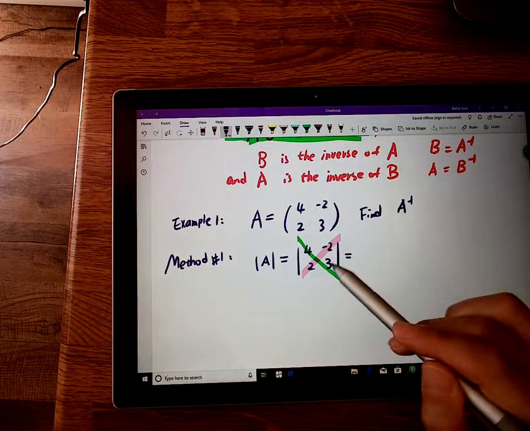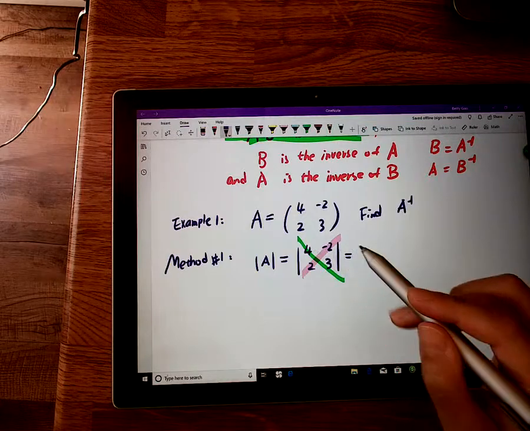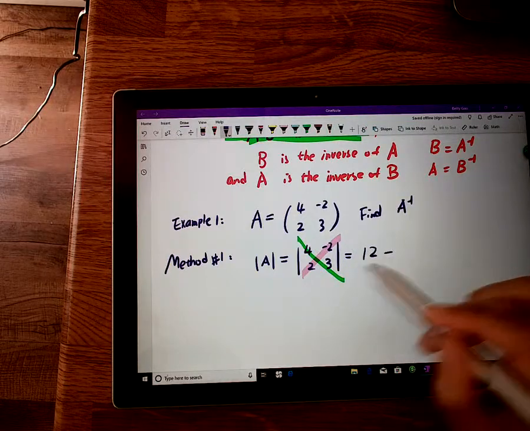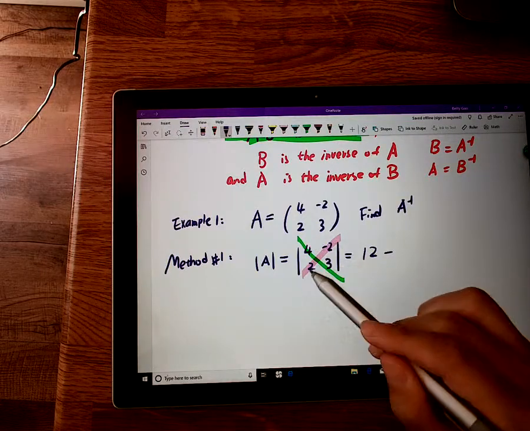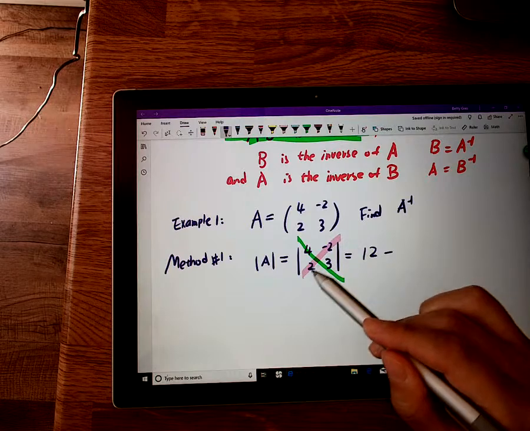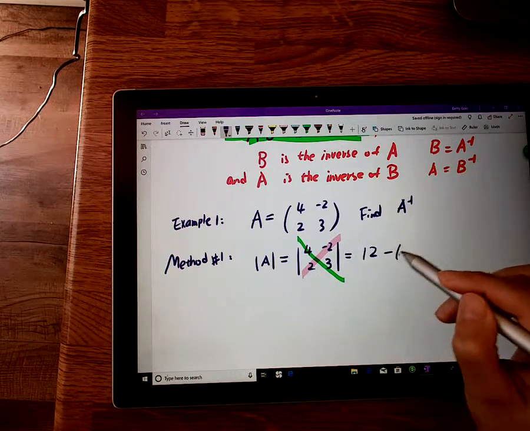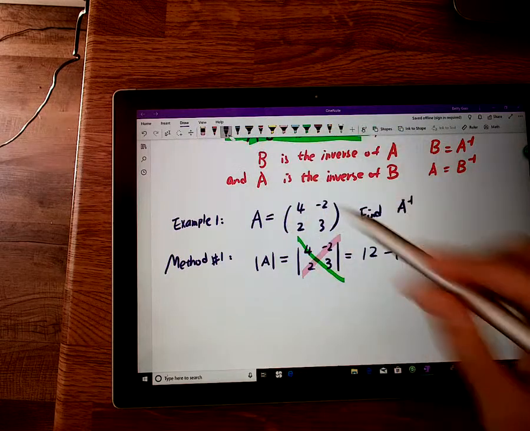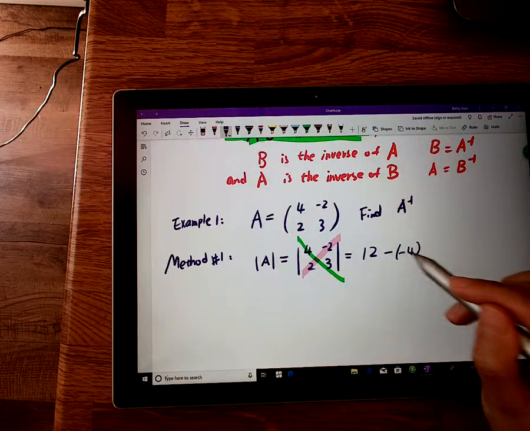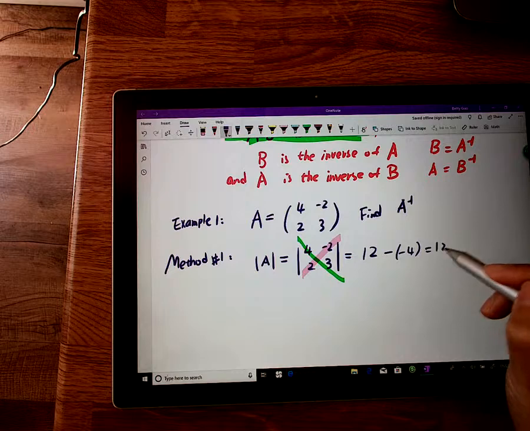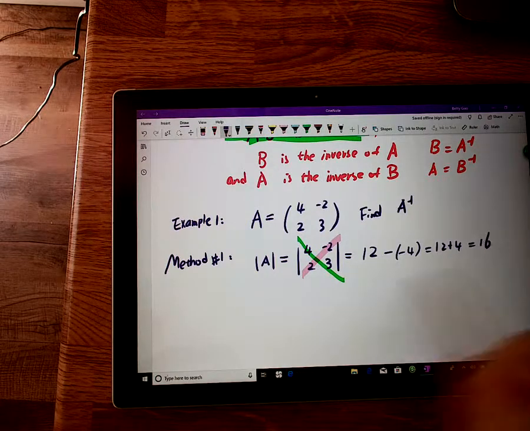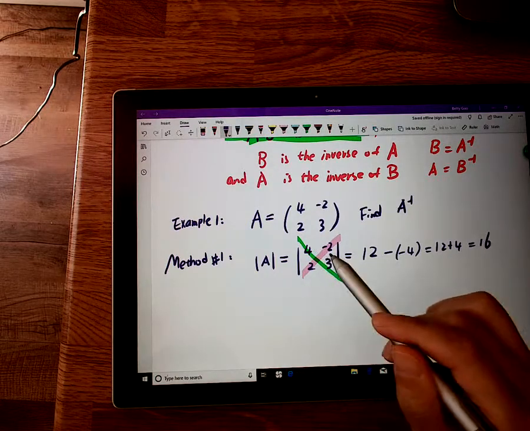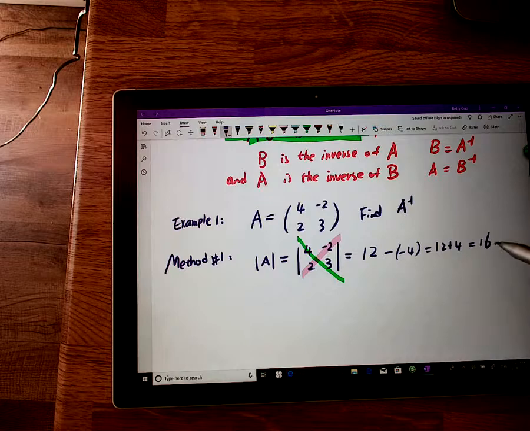The pink direction is the vice diagonal. 4 times 3, 12, minus the product of the two entries in the vice diagonal, 2 times -2, -4. 12 minus negative 4 is 12 plus 4, which is 16. Let me double check. 12 plus 4, yeah, 16.